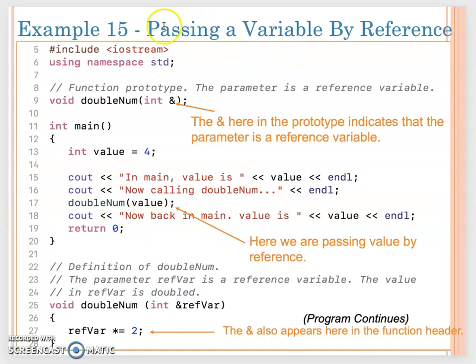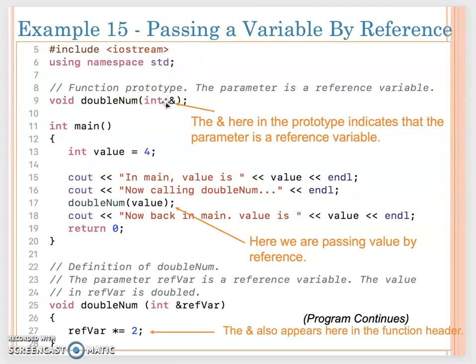Here is the example in example 15. We have a function called doubleNum. This doubleNum function has a passing parameter. You can see we have the data type with the ampersand, so we know we are passing an integer variable by reference. In the function, we will double this variable.